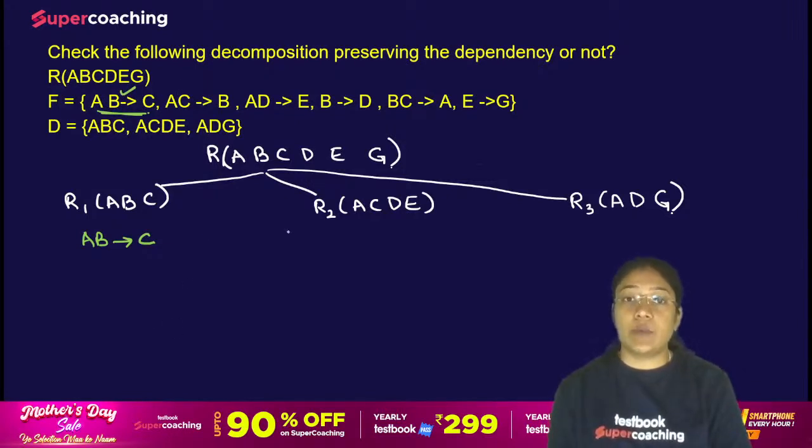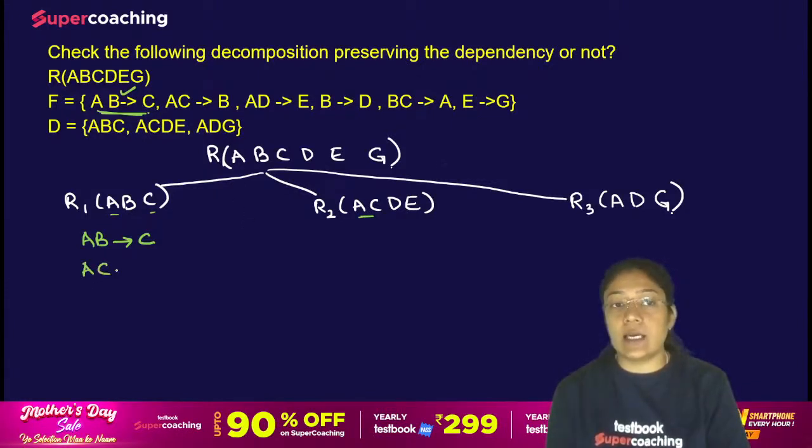AC determines B. AC is present here as well as here. But B is only a part of R1, so we can say that AC determines B is also preserved in R1. AD determines E is preserved in R2.